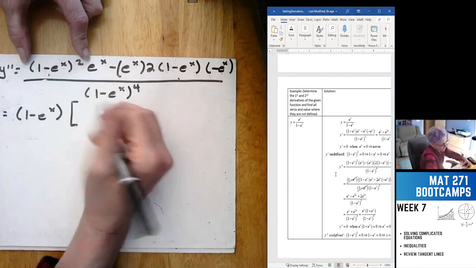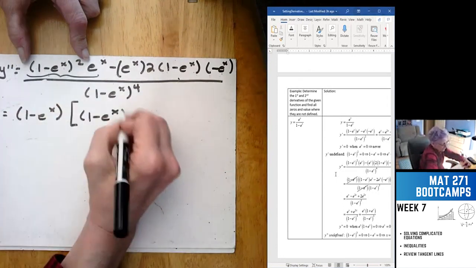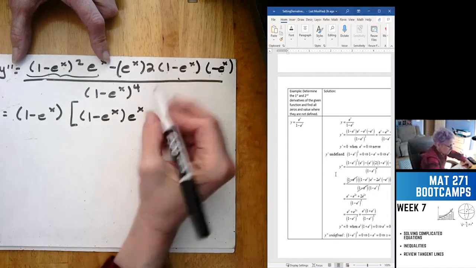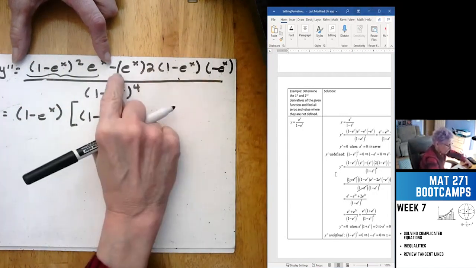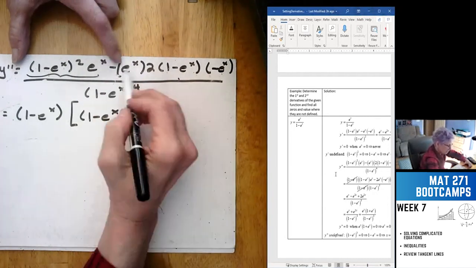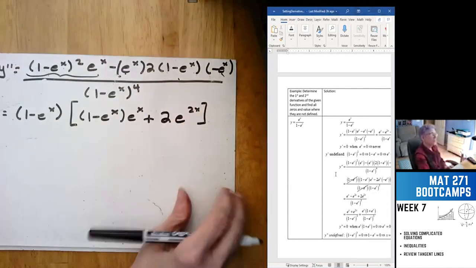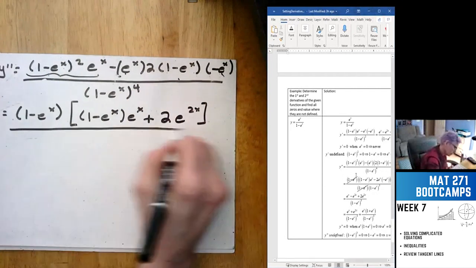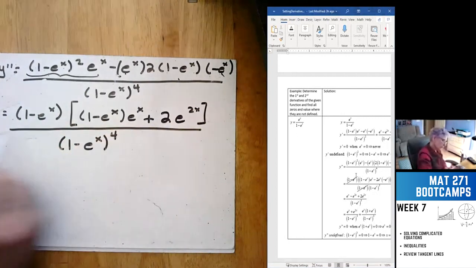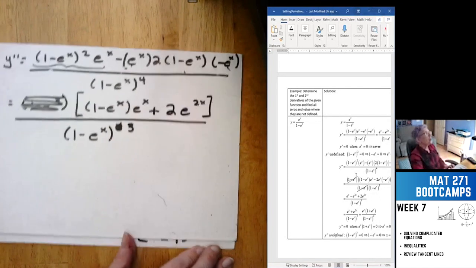So I still have a 1 minus e to the x in this first little partnership here, and I have an e to the x. This e to the x is gone from that partnership. I have minus, so plus 2 e to the x times e to the x is e to the 2x. Well, that can just go away, and that becomes a 3rd power.